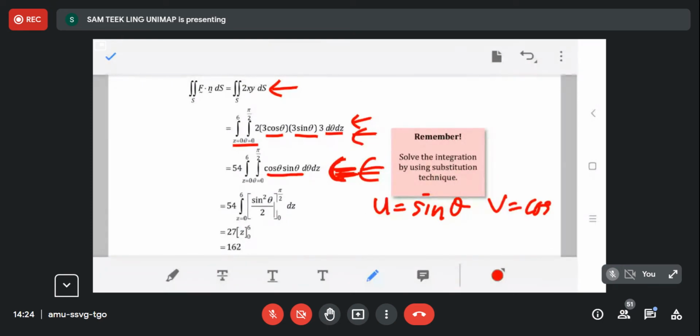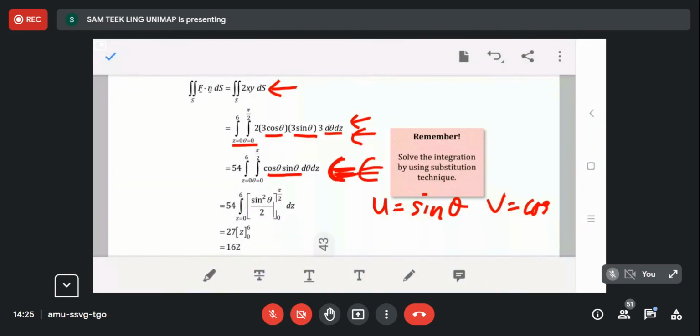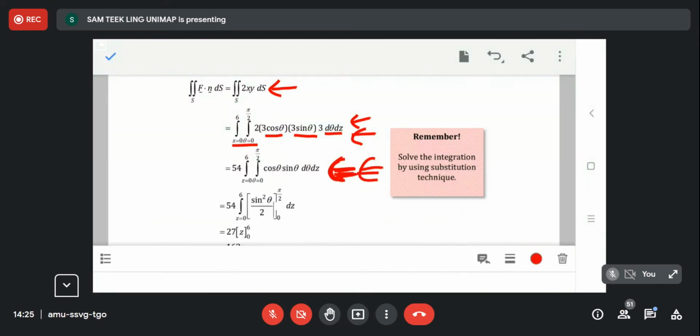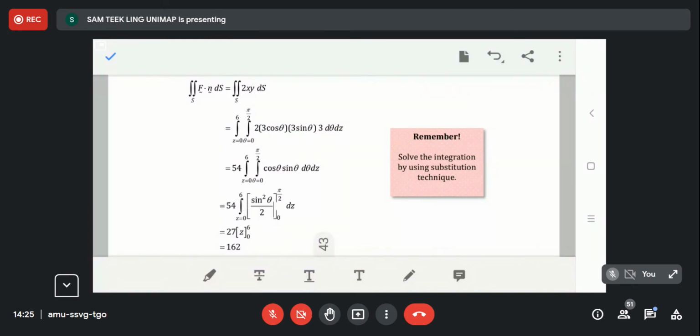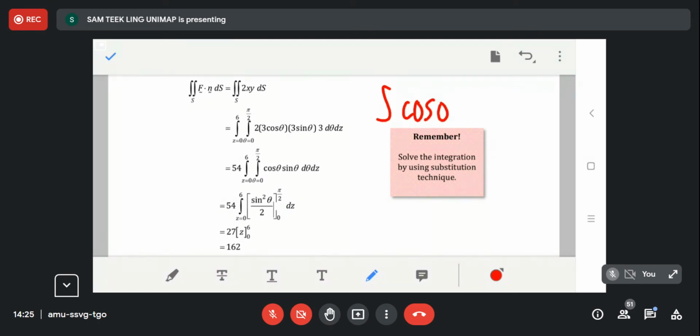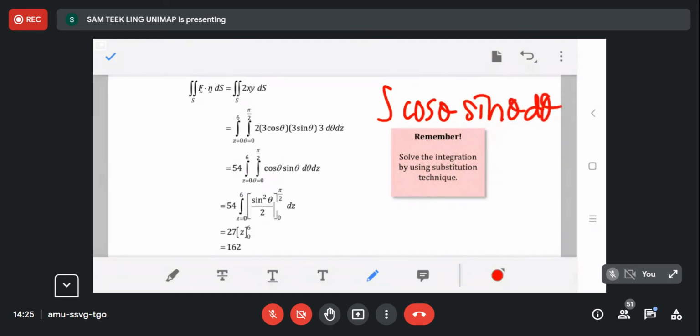This is based on your choice. For this question, they use u equals sine theta, so cos theta sine theta d theta.